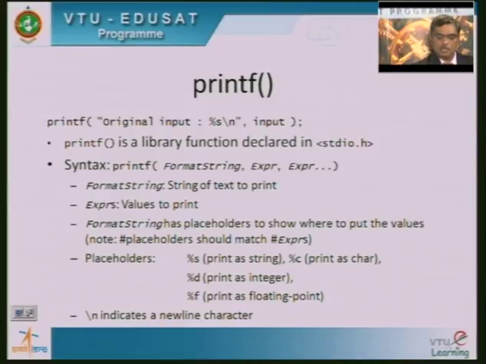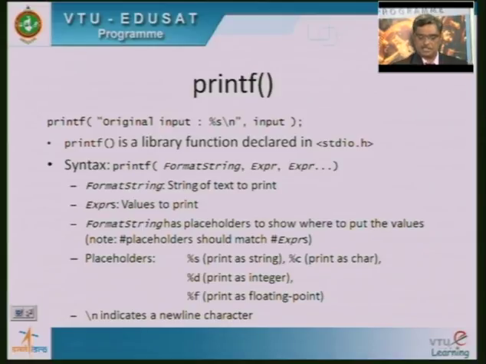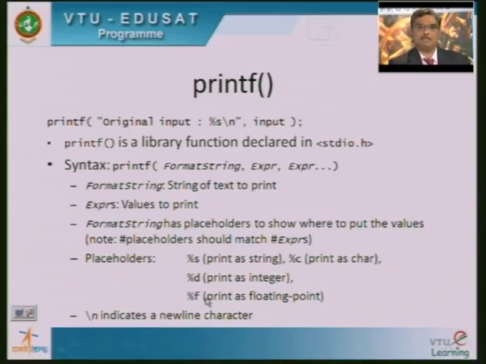We are going to use %s for printing strings, %c for printing only a single character, %d to print an integer, and %f to print a floating point. Just remember these four: s for string, c for character, d for integer, f for float.